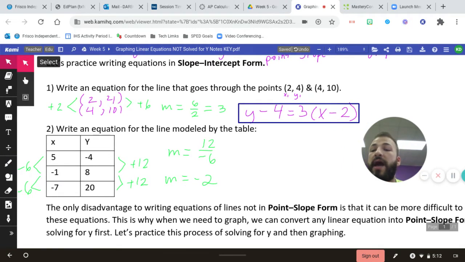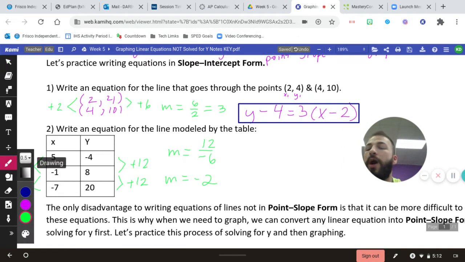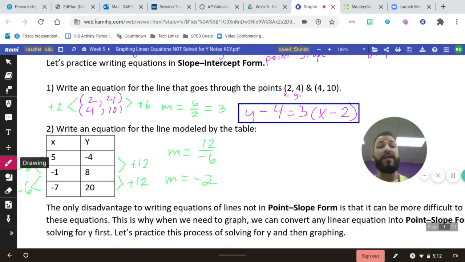As far as our x1 and y1 goes, remember with the table, a table is just like a bunch of (x, y) points. You can pick any of the points. I typically pick the first one. So I have x1, I have y1, and I have my slope of negative 2.